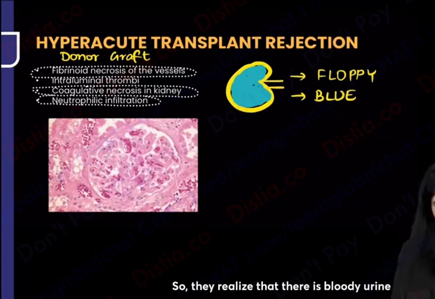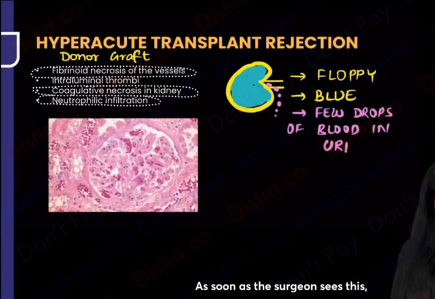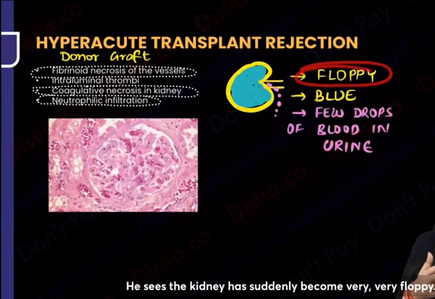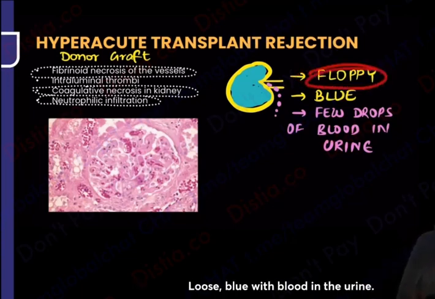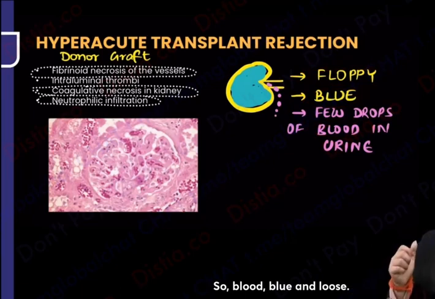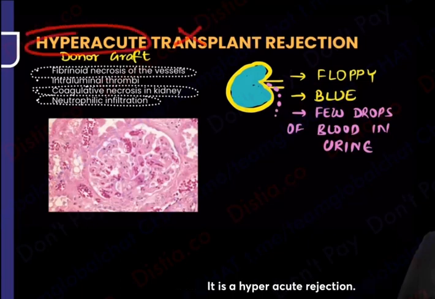As soon as the surgeon sees this, while doing the transplant, that the kidney has suddenly become very floppy, loose, blue with blood in the urine. So blood, blue and loose. As soon as you see blood, blue, loose, you know the kidney has not been accepted. It is a hyperacute rejection.